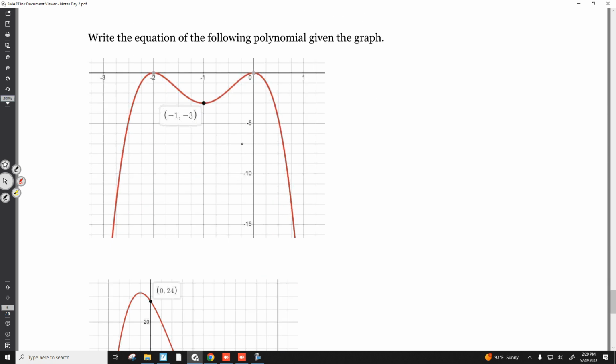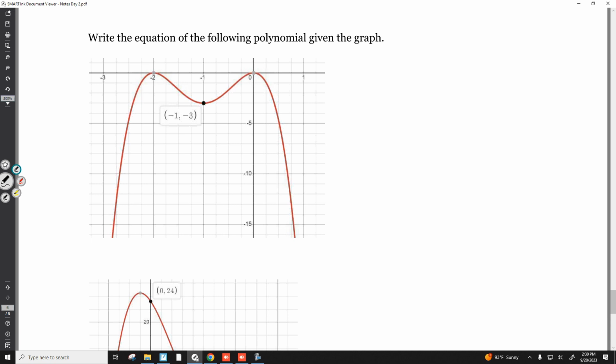All right. Go. What must be this equation? What is the information we have?